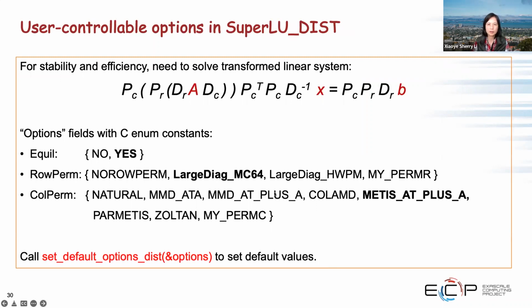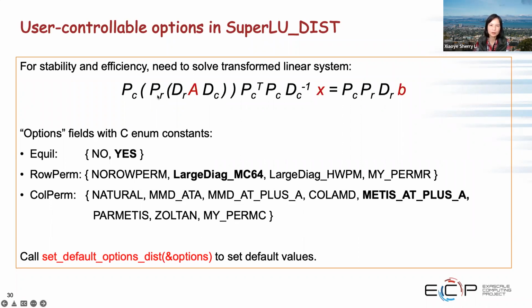And now it leads to the question: with all this pre-processing I mentioned, in the end, you don't actually solve Ax = b. You usually solve a transformed linear system. In this transformed linear system, you first probably do some equilibration, diagonal scaling, to improve the condition number. And then you do the row permutation.